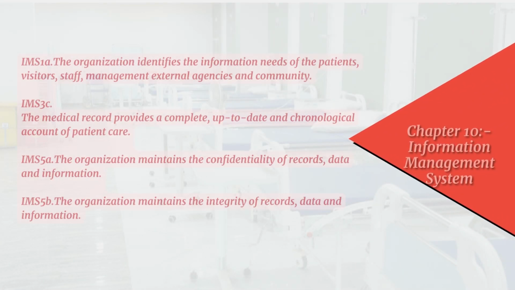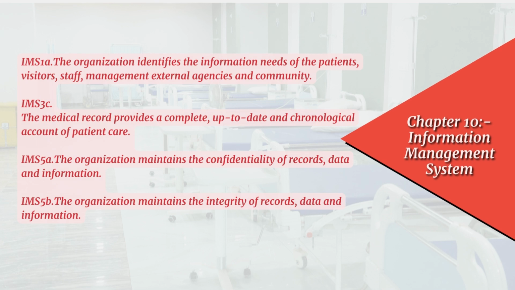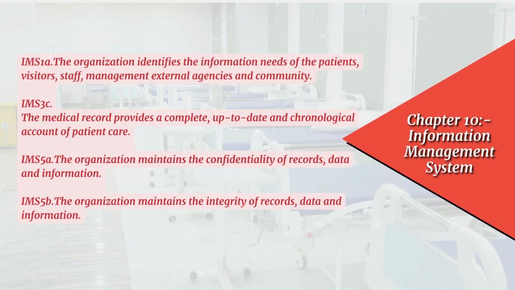Nursing staff have their own qualification, trainings, and experience, and according to that, they are granted some privileges to treat patients. Okay, so now I'll talk about chapter number 10, Information Management System. IMS 1A, the organization identifies the information needs of the patients, visitors, staff, management, external agencies, and community. So basically, in this particular chapter, Information Management System, there's an identification of the information needs of the patient.